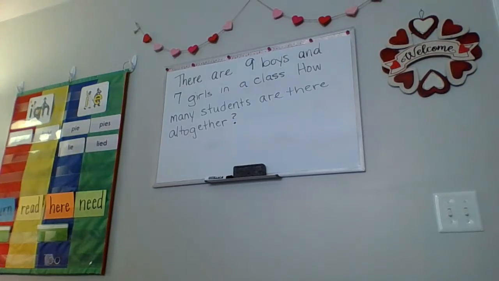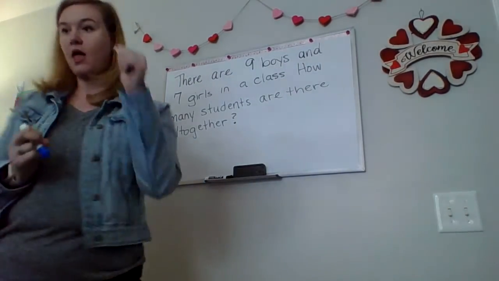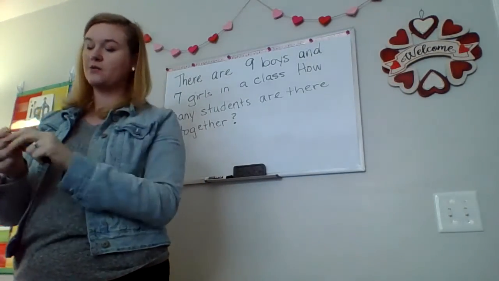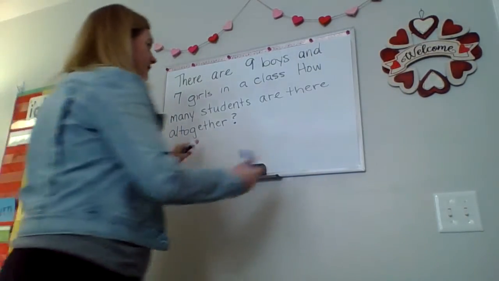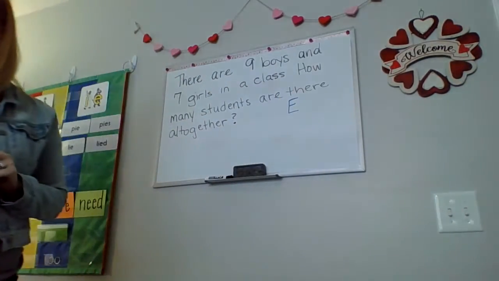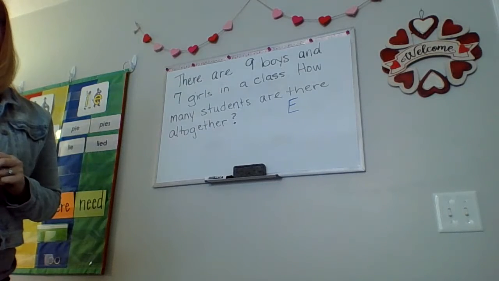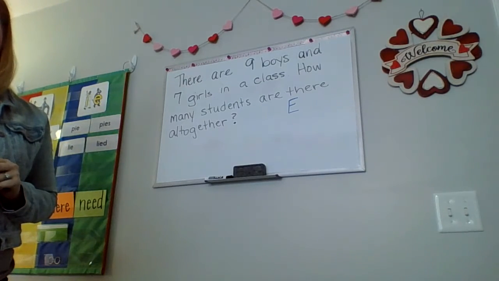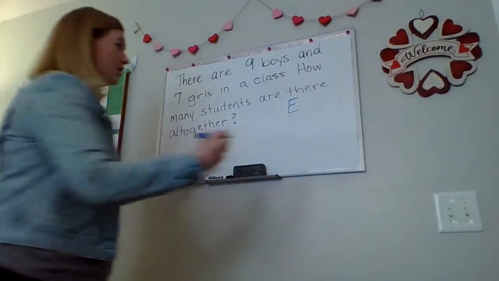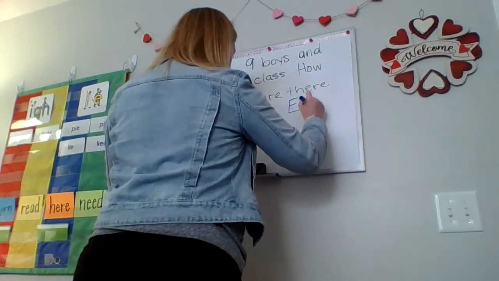Now, we've talked about this before, but we have those letters. Remember, elephants sing always? That little trick in our brain to help us remember. What is the first thing I want to see you write? The E. That is your equation.